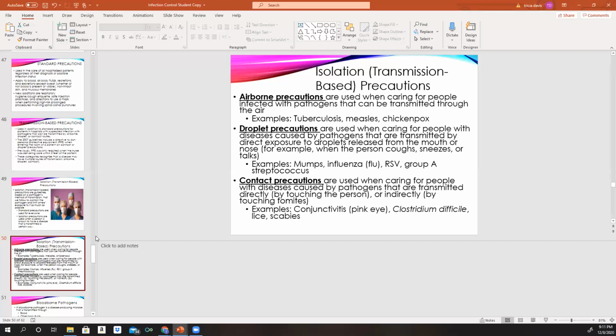Then we have droplet precautions. You're going to want to use these for patients with an infection that is spread by large particle droplets, such as rubella, mumps, group A strep, and the flu. These patients also, just like airborne precautions, get a private room, but the door may remain open with these patients.